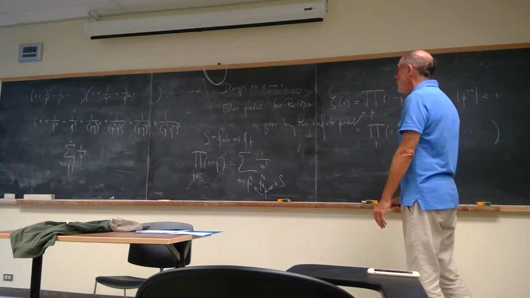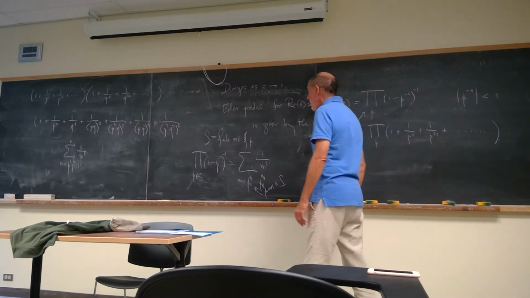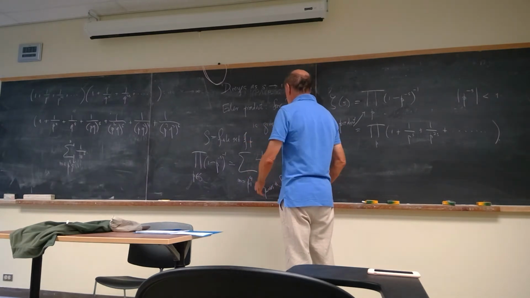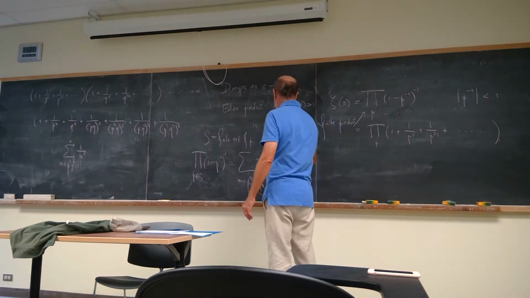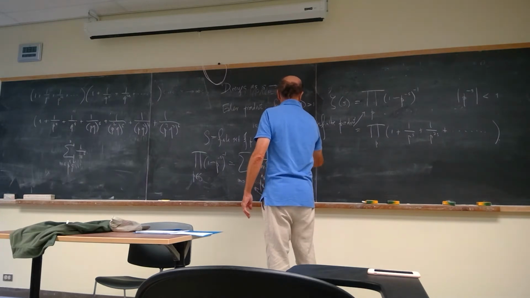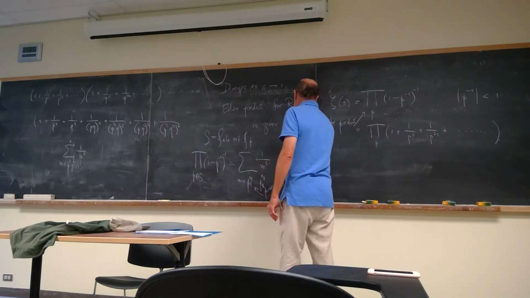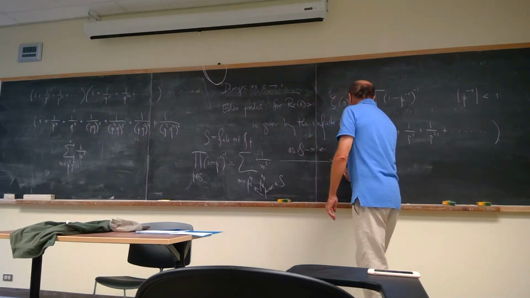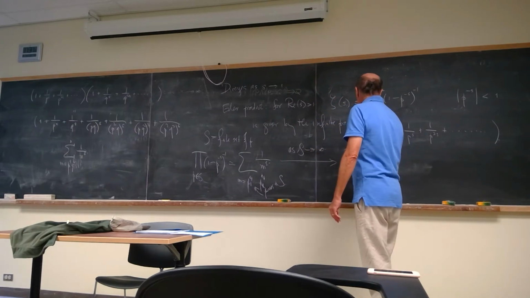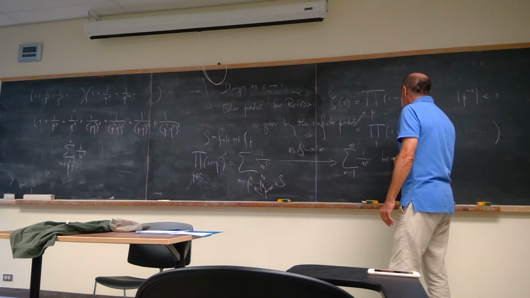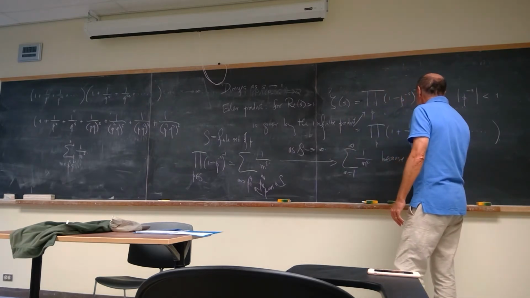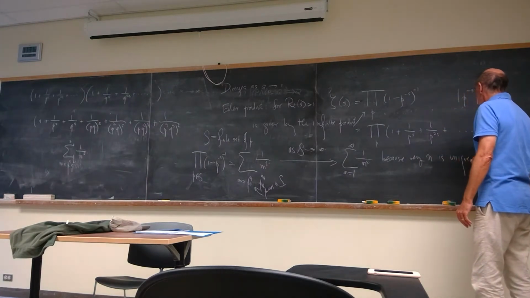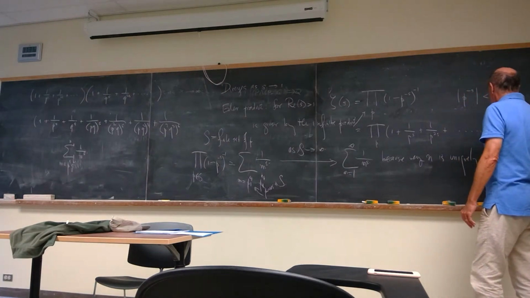Okay, and then Euler said, well, now let the set get larger and larger and larger, and this thing converges as S goes to infinity. This converges to the sum of 1 over n to the s for all n, because, and that's the argument, every n is uniquely a product of primes.